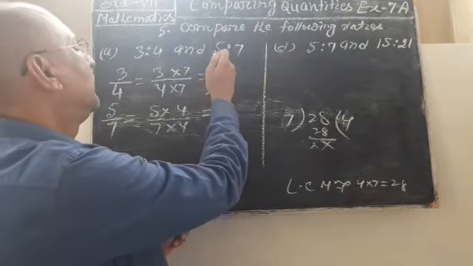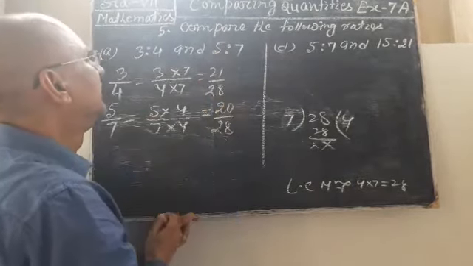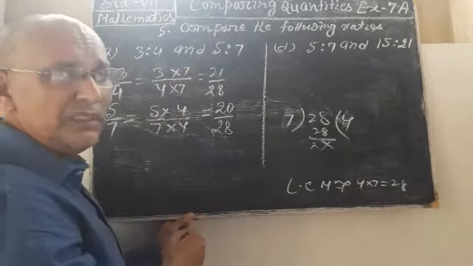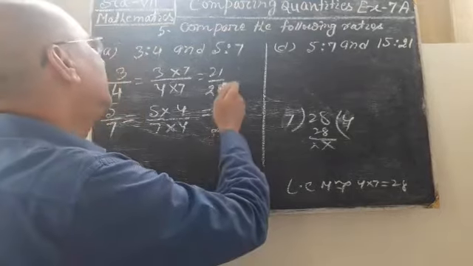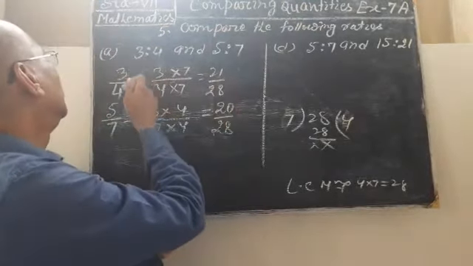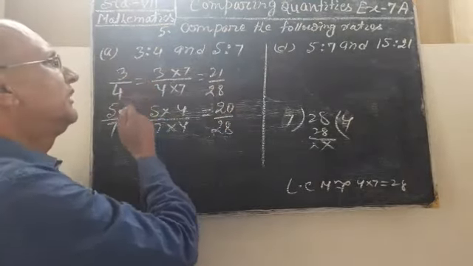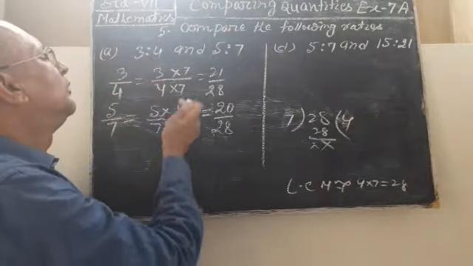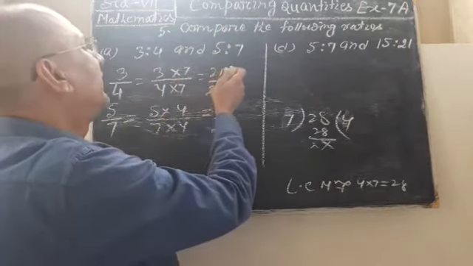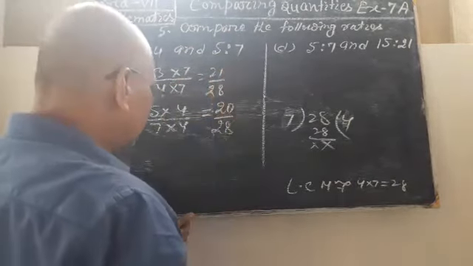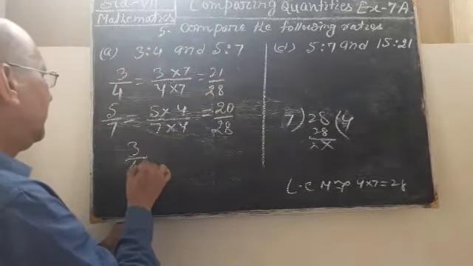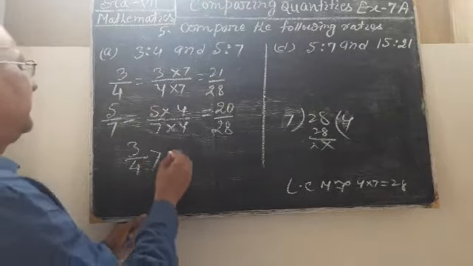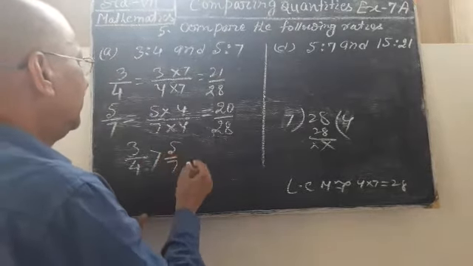Here it is 21, here it is 20. So certainly if the denominators are equal, then the rational number or the ratio whose numerator is greater is greater. That is why 3/4 is greater than 5/7.